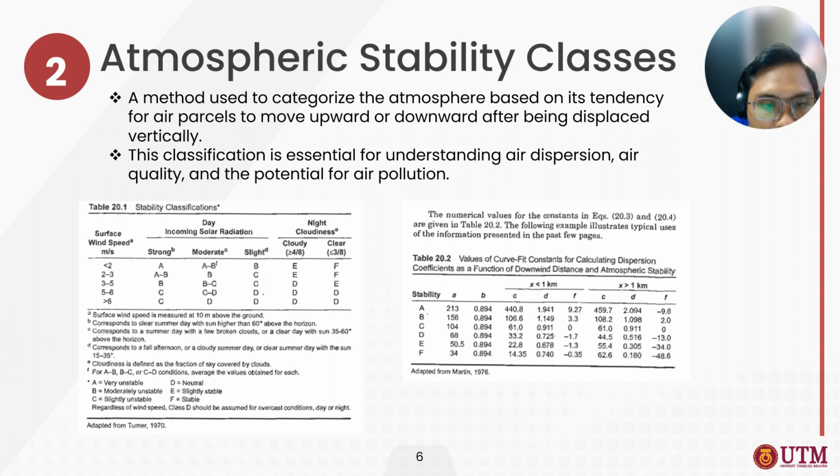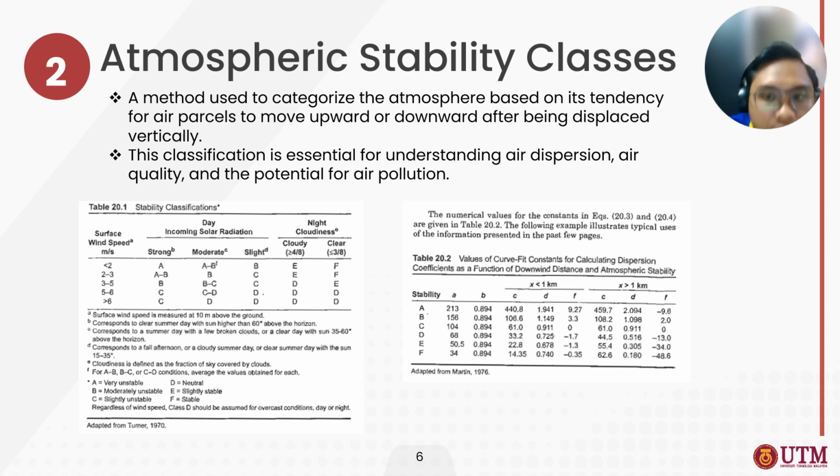And for AB, BC or CD conditions, average the values obtained for each, where A equals very unstable, B moderately unstable, C slightly unstable, D neutral, E slightly stable, and F stable.